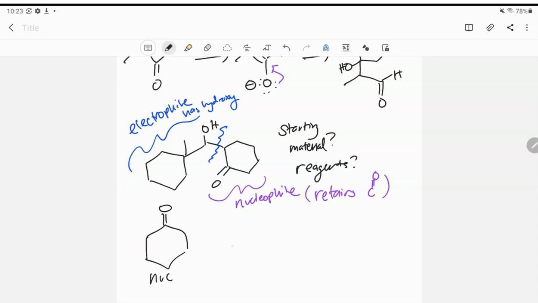Our electrophile would be everything else. We have a methyl group, we have another carbon, and then that was an aldehyde, right? We knew it's an aldehyde because we have another H there. If we had a tertiary alcohol, that must have come from a ketone. But because this is a secondary alcohol, the secondary alcohol means that we started with an aldehyde as our electrophile.